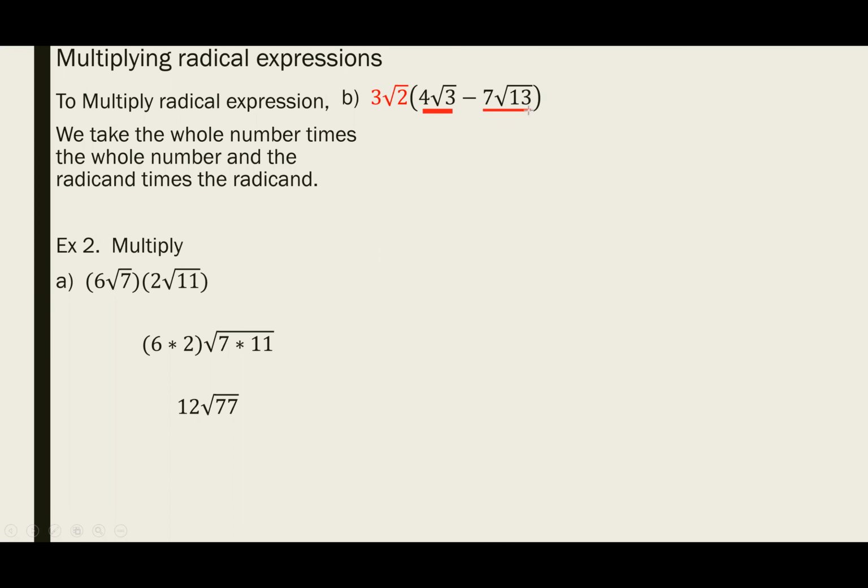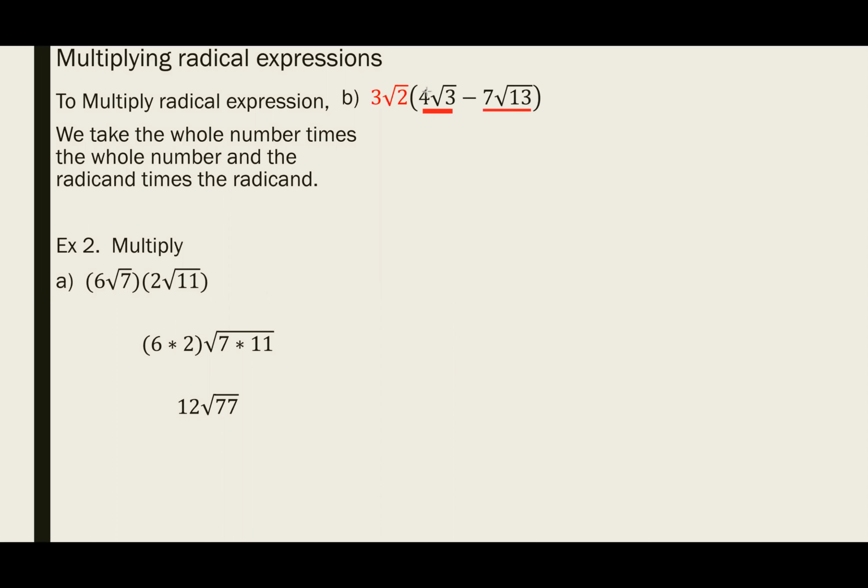You cannot subtract this and give me 3 square root of 10, right? We cannot do it because remember, in order to add or subtract, the radicand, the number, has to be the same. The 3 and the 13 are not the same. You cannot do it. The 13 is prime, the 3 is prime. There's nothing you can do.